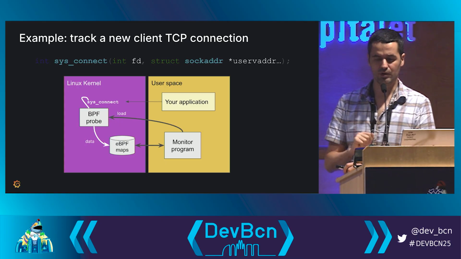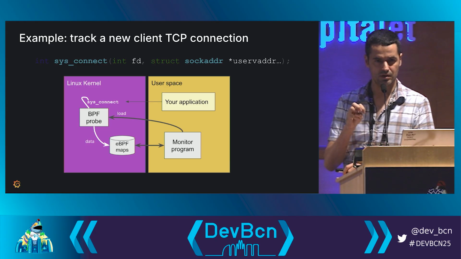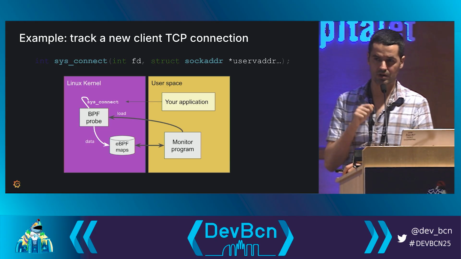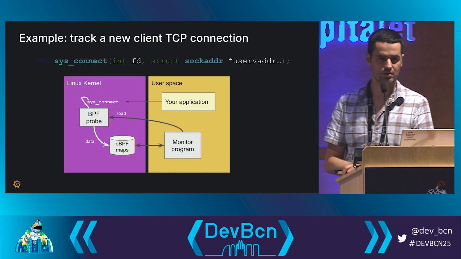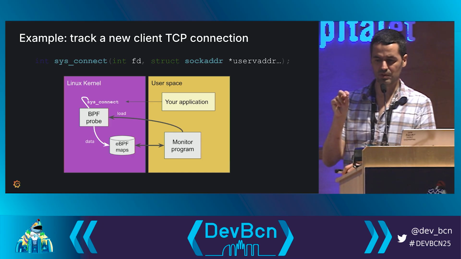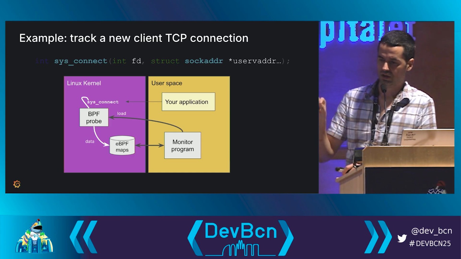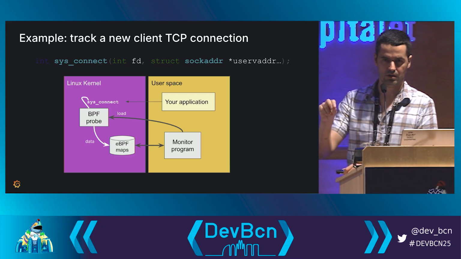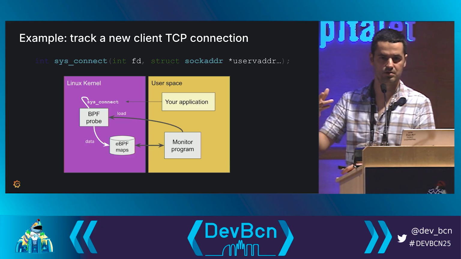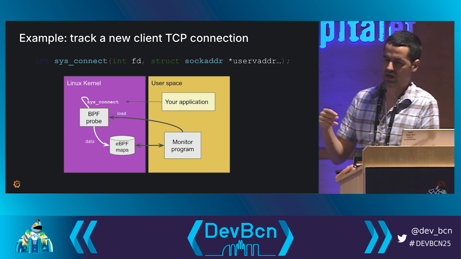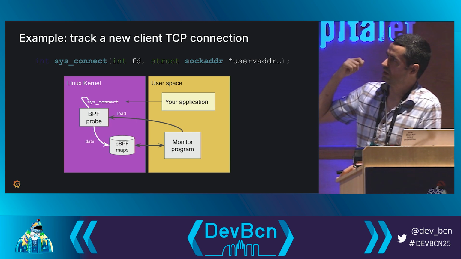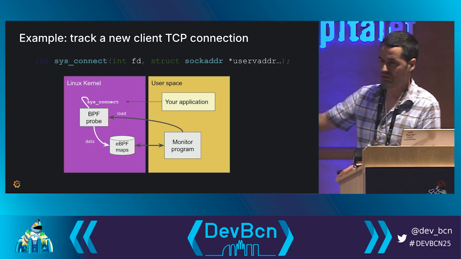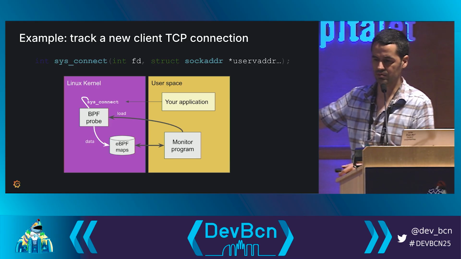And the BPF program is deployed inside the Linux kernel, and the Linux kernel will execute it every time the sys_connect function is called. So this BPF program knows that sys_connect is a standard C function, so you know how it is organized. You know that it returns an integer, it receives a file descriptor, and it receives a well-known struct.